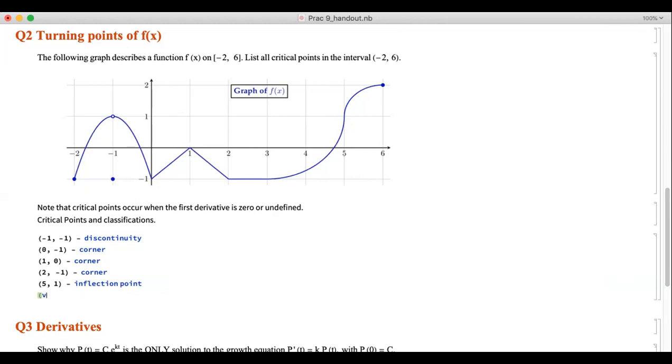Sorry, 2 to 3. Okay. Now, is the derivative defined in that interval?